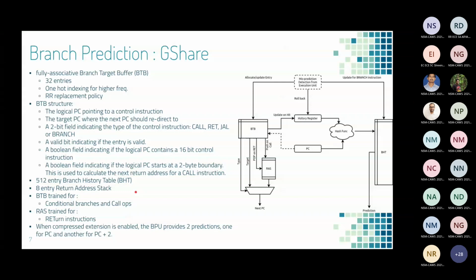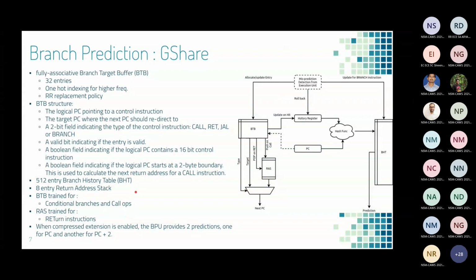Because the resolution happens only in the execute stage, which means if I've predicted wrong, or if I've not predicted at all, I'm going to face at least 2 to 3 cycles of latency before the next correct instruction comes into the pipeline. And all the fetches and the amount of energy and power that I spent in fetching the wrong PC stream, all present in the fetch and decode stage, will also have to be dropped.